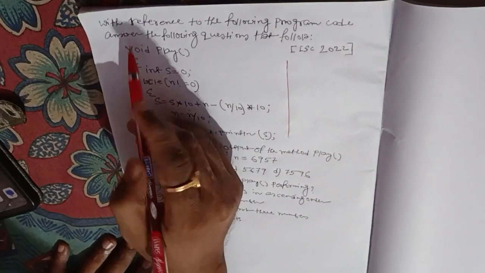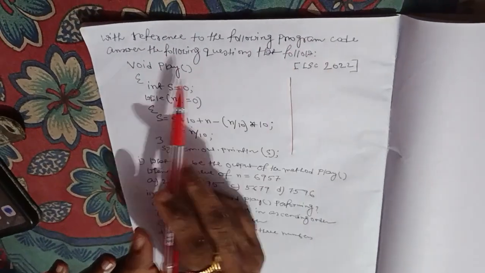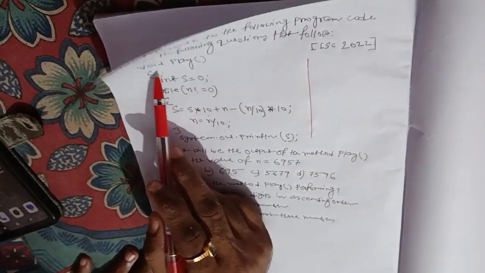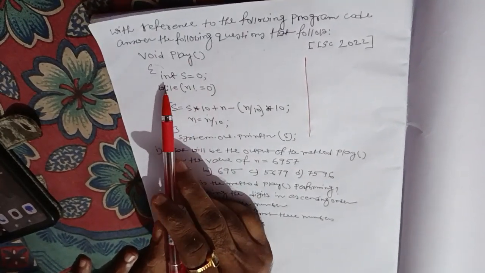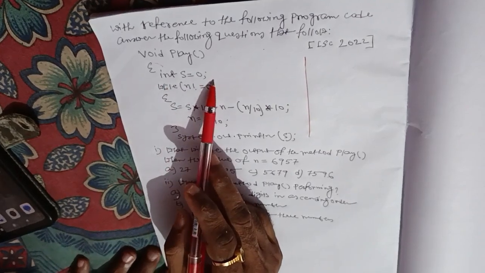Today's Java question is, with reference to the following program code, answer the following questions that follow. Void play method. Within this, int s equal to 0.